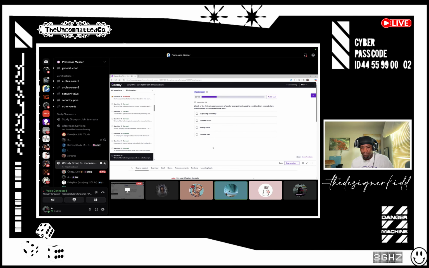Is it? I'm going with B, but I'm not sure again. The transfer roller. I'm thinking D, but kind of mixed. Transfer belt, because the image needs to be charged before it's rolled on. I'm not sure.